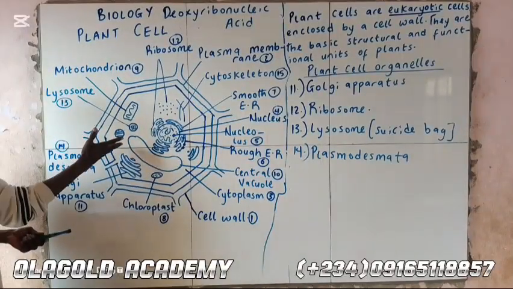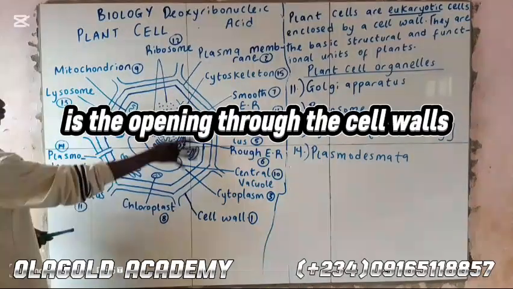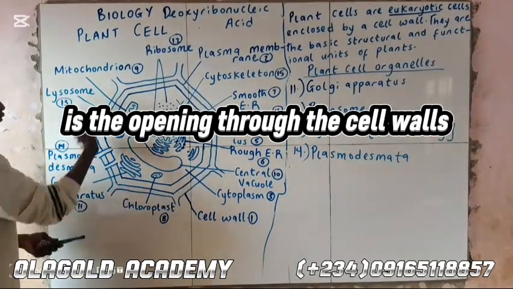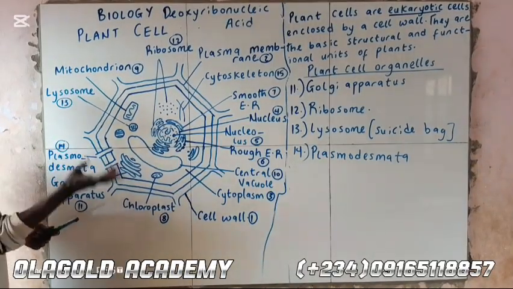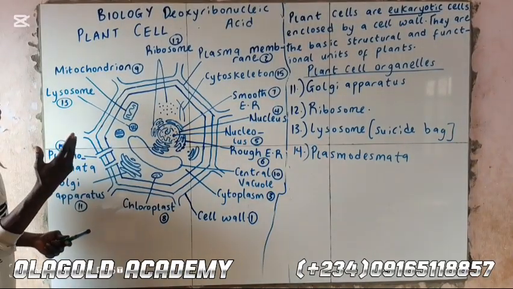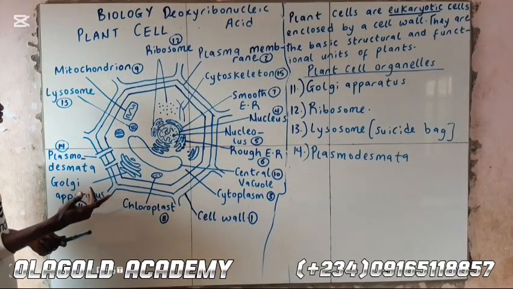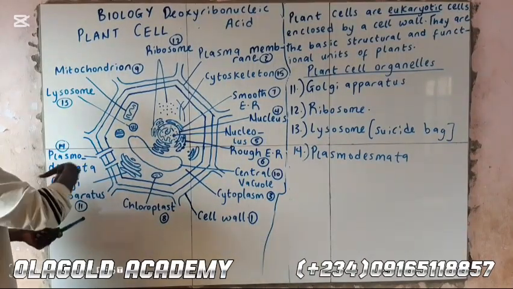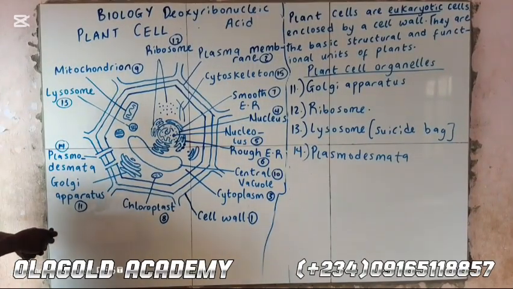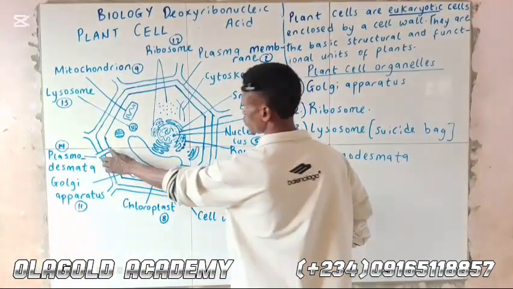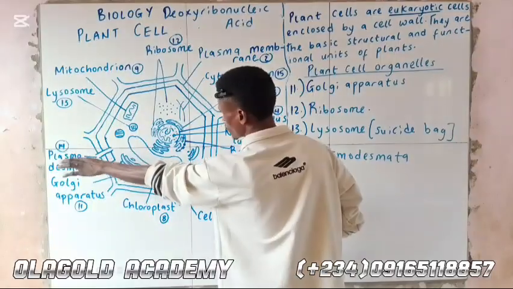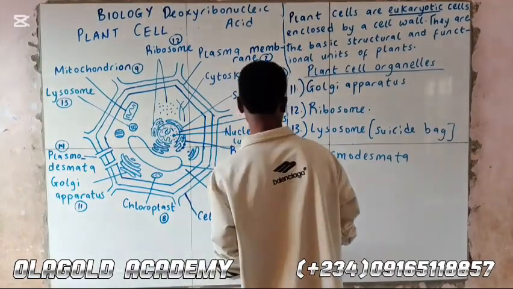It is the opening of the cell that helps nutrients, water, carbon dioxide, oxygen to enter and leave the cell through the opening, which is referred to as the plasmodesmata. That is the function of the plasmodesmata.